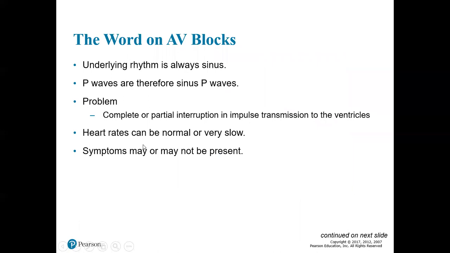The word on AV block. So your underlying rhythm is going to always be your sinus rhythm. Your P waves are therefore sinus P waves. The problem is you have either a partial or complete blockage of that impulse between the SA node and the ventricle. Your heart rates can be normal or very slow, and the patient may or may not have any symptoms.